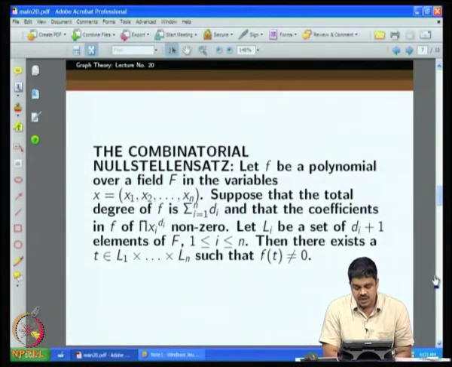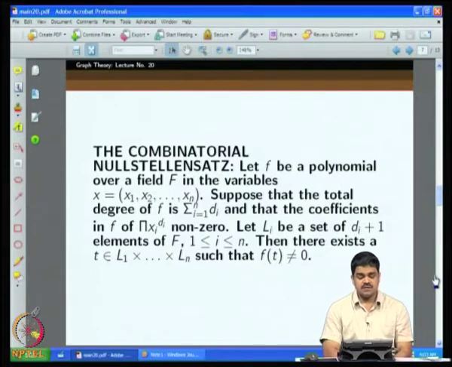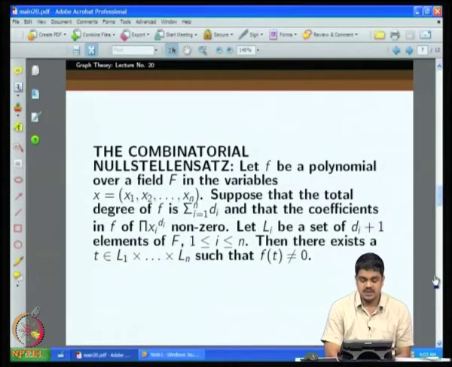So, let f be a polynomial over a field F in the variables x 1, x 2, x n, and suppose that the total degree of f is the sum for i equal to 1 to n of d i, and that the coefficient in f of the monomial product of x i to the d i is non-zero. So, here the difference is that we are not committing that x 1's highest possible degree is d 1, neither are we saying that x 2's highest degree is d 2.